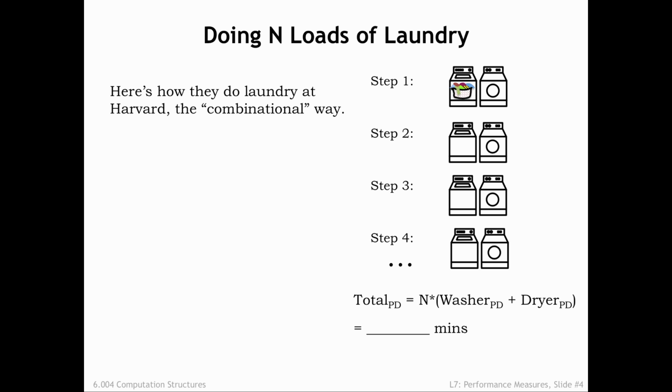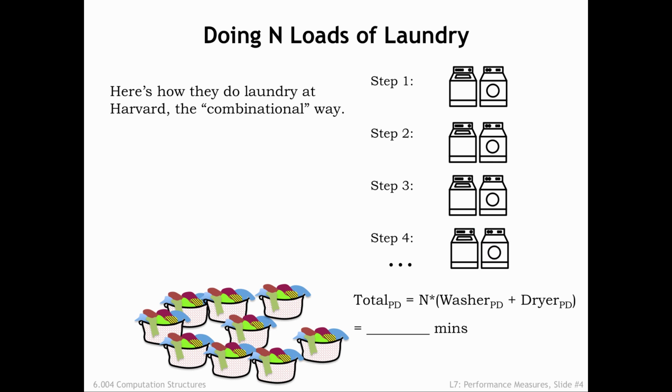So in step 1, the first load is washed, and in step 2, the first load is dried, taking a total of 90 minutes. Once those steps are complete, Harvard students move on to step 3, starting the processing of the second load of laundry, and so on. The total time for the system to process n laundry loads is just n times the time it takes to process a single load. So the total time is n times 90 minutes.